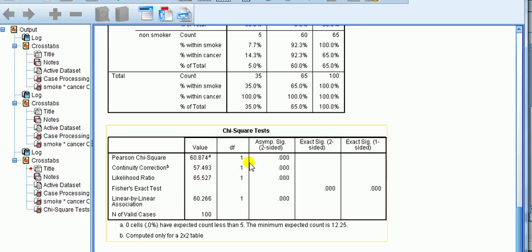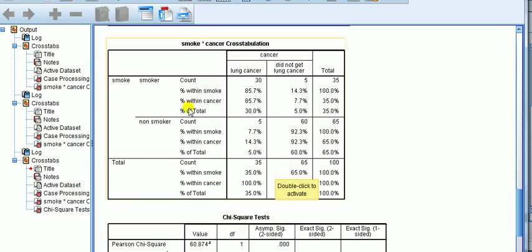If we do not reject the null, then the analysis stops and we say there is no evidence that there is a relationship between A and B, full stop, done. But if we reject the null, there is a relationship, and then we report what that relationship is by going to this table of counts and looking and reporting the pattern like we did earlier. So that's the only time that this comes into play, when we find there is evidence of a relationship.